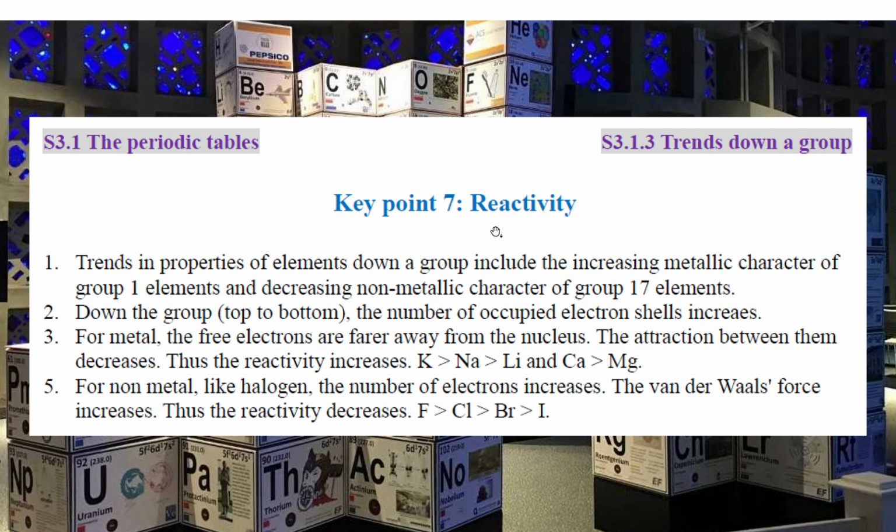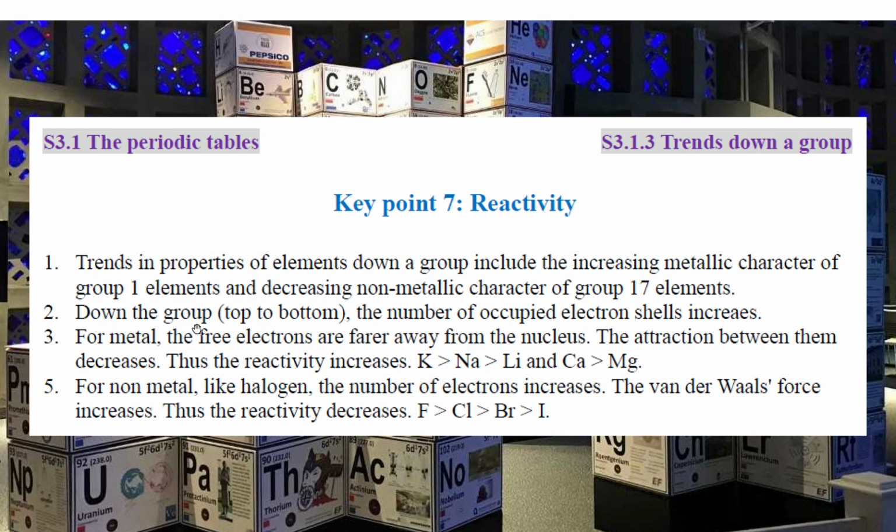Reactivity is similar: they can release electrons easily, and then they will be reactive. The change in properties down a group includes increasing metallic character of group 1 and decreasing non-metallic character of group 17 elements. Down the group, the number of occupied electron shells increases.